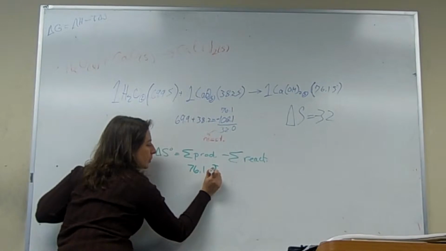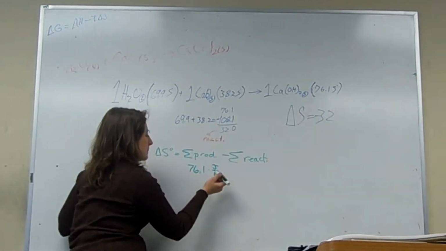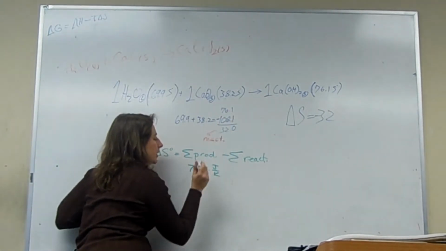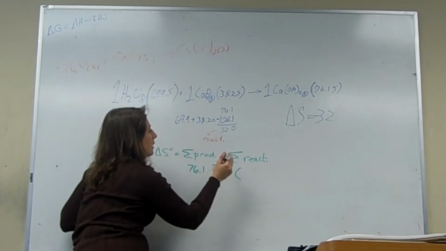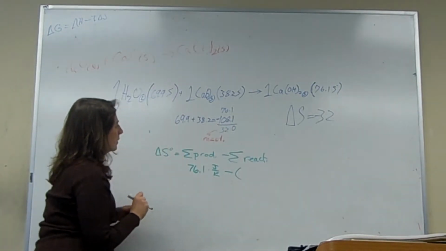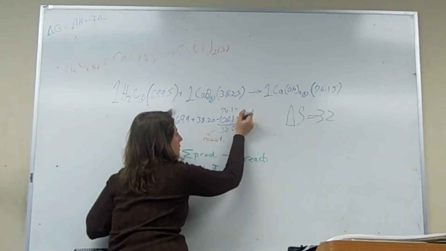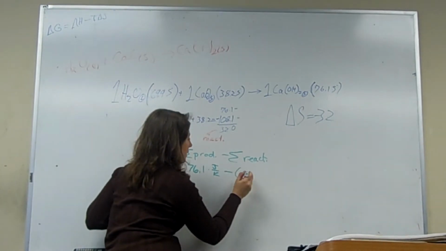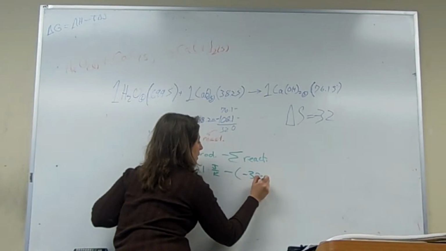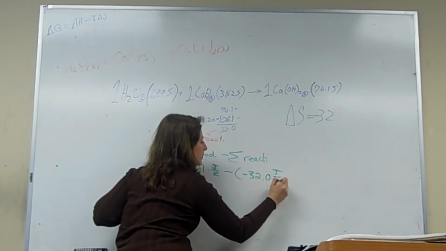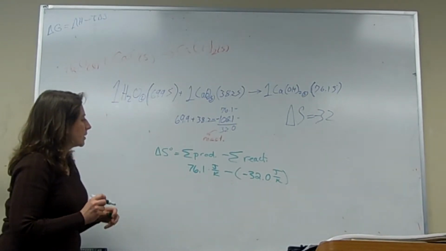So you're getting joules per Kelvin or something? Joules over moles times Kelvin. The 1 mole will cancel out, the products minus the reactants, and you got negative 32. This is the water, that's the calcium oxide, and it's a negative 32, and that is joules per Kelvin, because each one is 1 mole, so the moles cancel in the balanced equation.